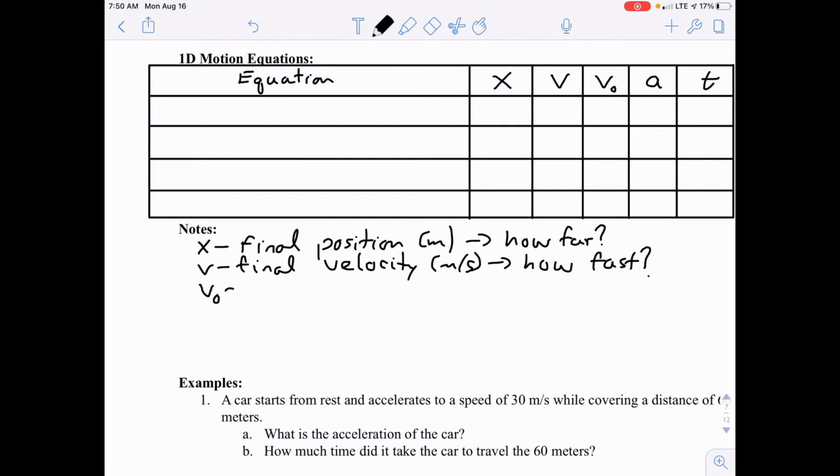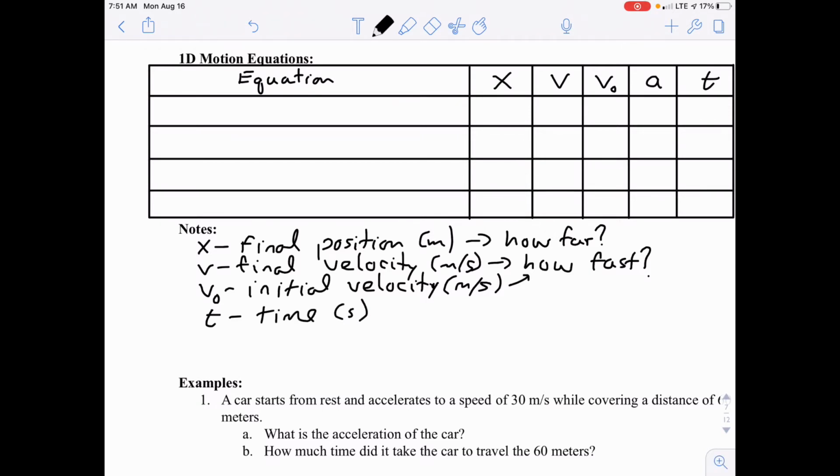V naught, if you guys recall, is the initial. Initial means starting or beginning velocity. Also in meters per second. Also kind of referring to how fast an object is going. T stands for time.